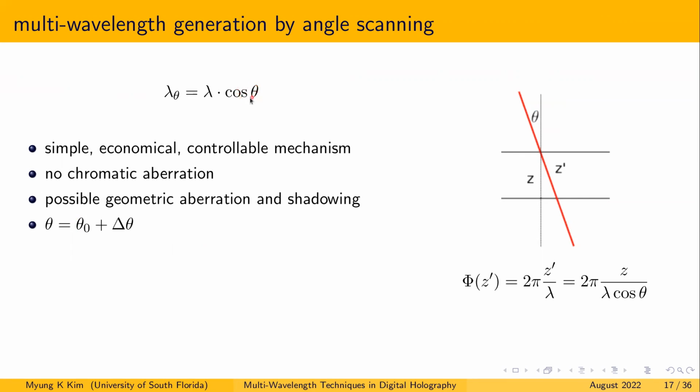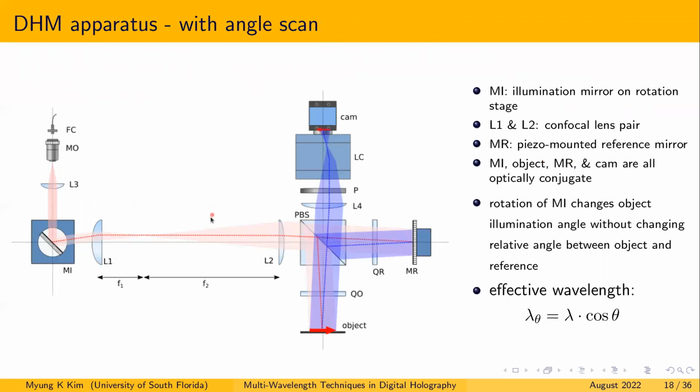Near small angle, when theta is very small, near 0, then the cosine barely changes, and therefore the lambda theta barely change. So this finite bias angle can lead to some shadowing effect, especially if the object has tall, abrupt edges.